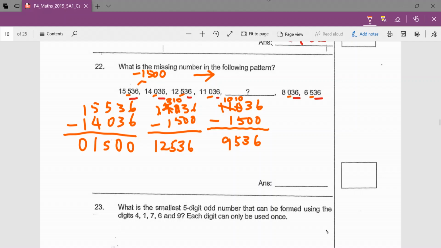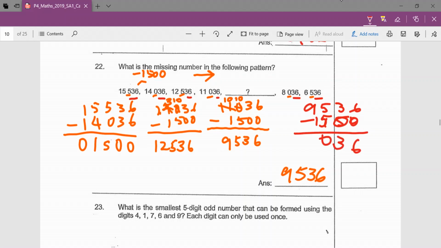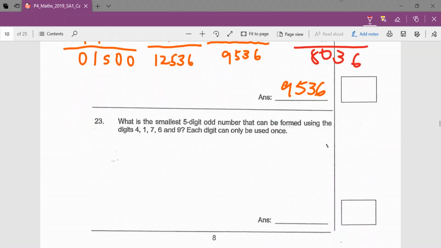So the answer is 9,536. If I were to check my answer, 9,536 minus 1,500, you'll get 8,036, which tallies.